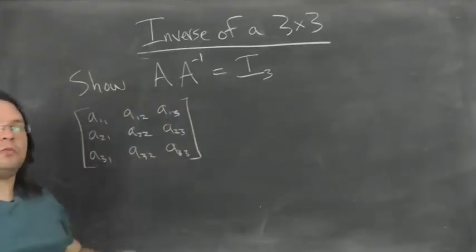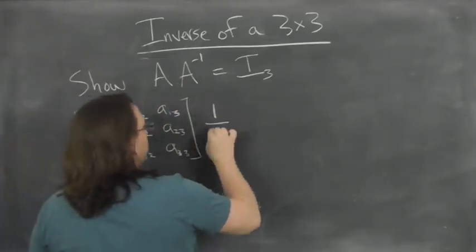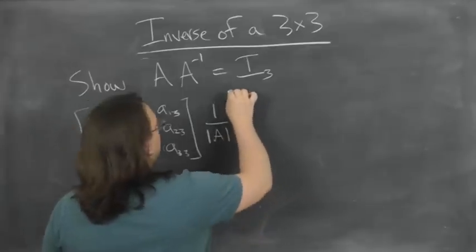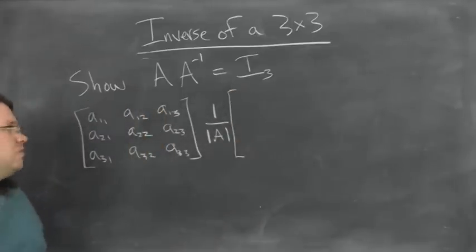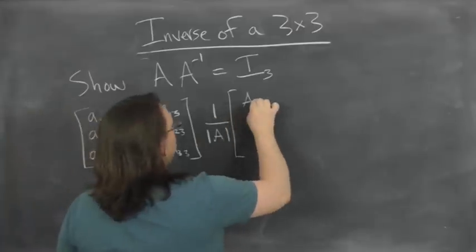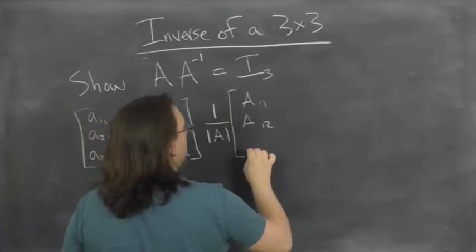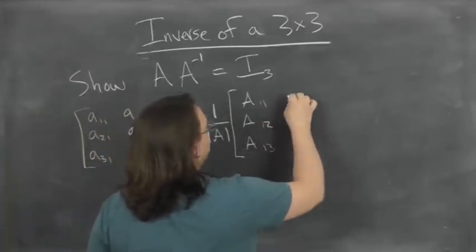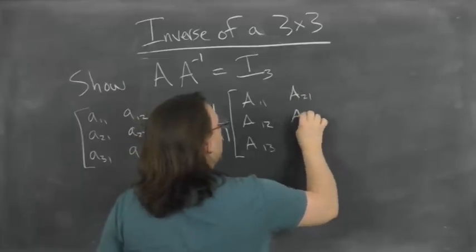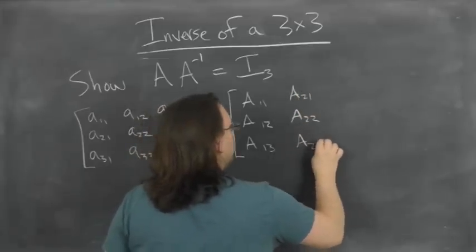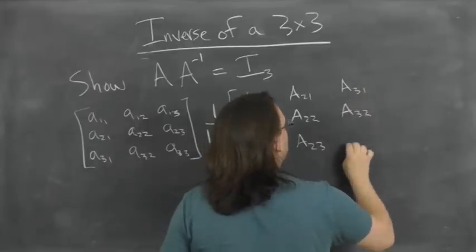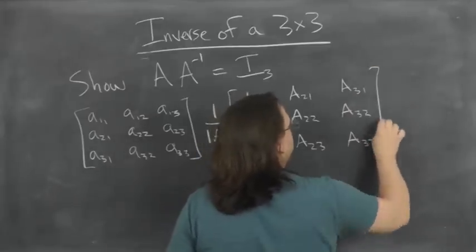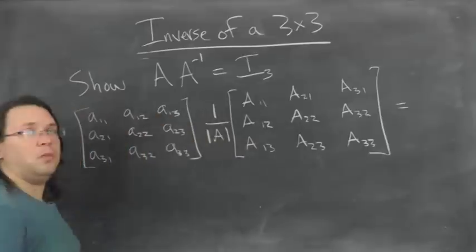And then our formula for the inverse says we have a 1 over the determinant times the transpose of the matrix of cofactors. So we've got cofactors, but we've arranged them in a different way. We have to multiply these together.